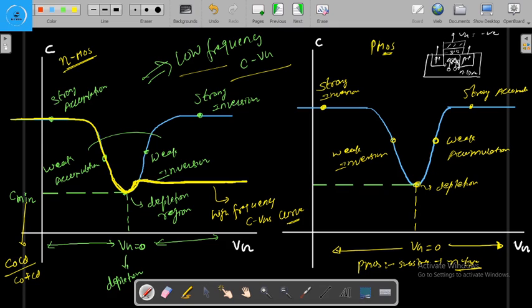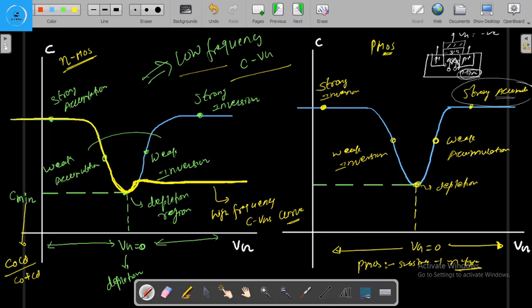Similarly, when you apply the positive gate voltage for the PMOS, the electrons will be present here, and since this is the N-type substrate and electrons are present here, we can say this is the strong accumulation region. So always remember: घर किसका है, इलेक्ट्रॉन का, आ कौन रहा है, होल, then it will be the inversion, and घर किसका है, इलेक्ट्रॉन का, आ कौन रहा है, इलेक्ट्रॉन, then it will be the accumulation, right, accumulation.